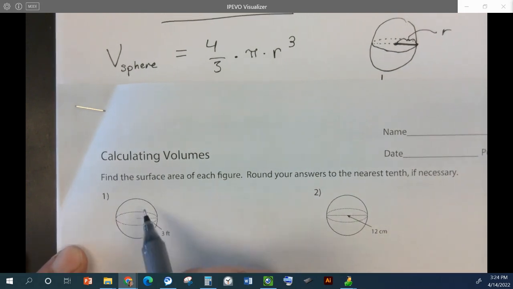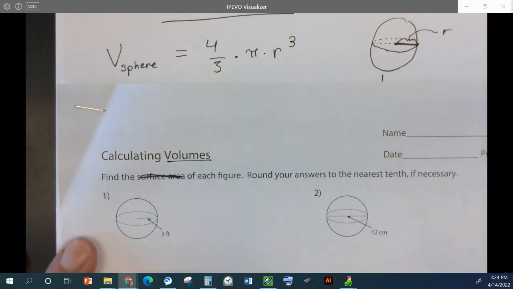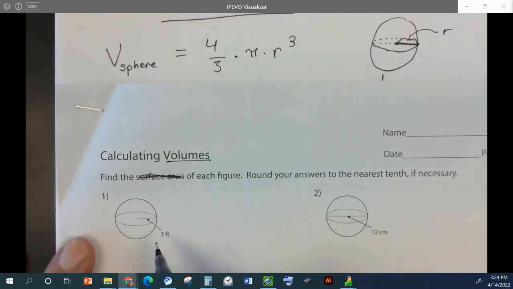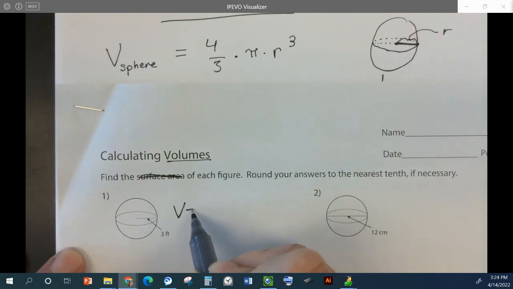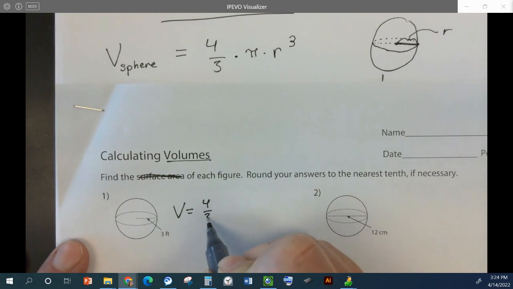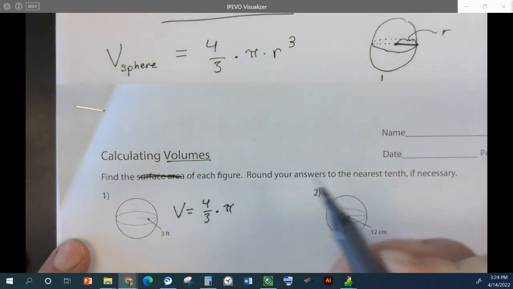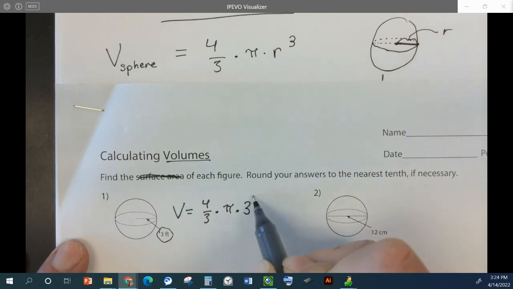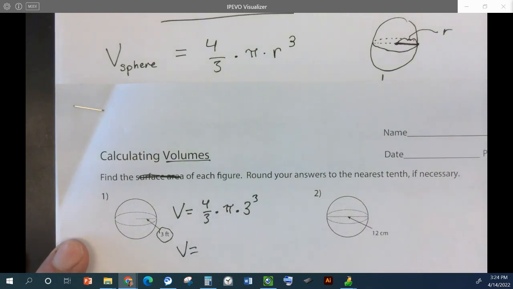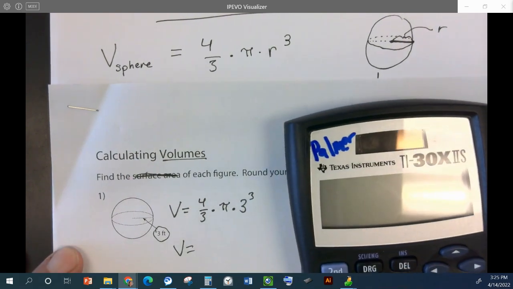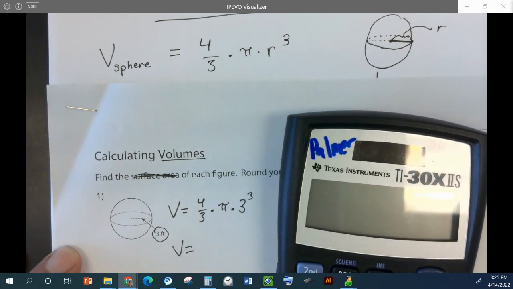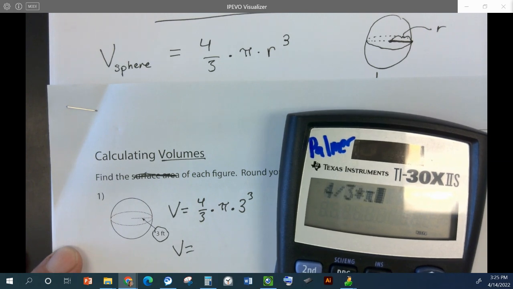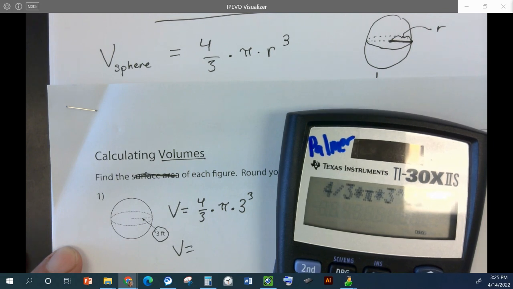So the volume of this sphere, so this is surface area. We're not calculating the surface area, we're calculating the volume. So the volume of this sphere is 4/3 times pi times the radius, which it's given us, the radius 3 cubed. So then I can just plug that into my calculator. So 4/3 times, I'm just going to put the symbol pi in there, times 3 to the 3.